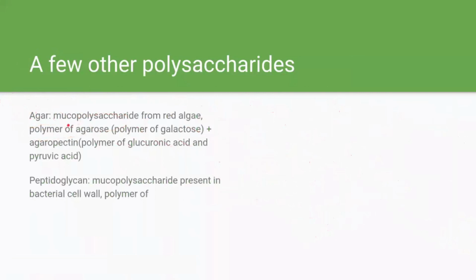It is a mucor polysaccharide from red algae, mucor because it is rather sticky or slimy. It is a polymer of agarose. Agarose itself is a homopolymer of galactose. Then you have agaropectin, a polymer of glucuronic acid and pyruvic acid. As you know, pyruvic acid is also found in cellular respiration.